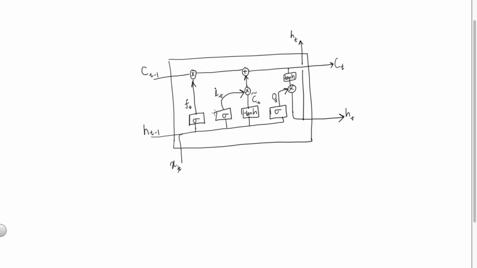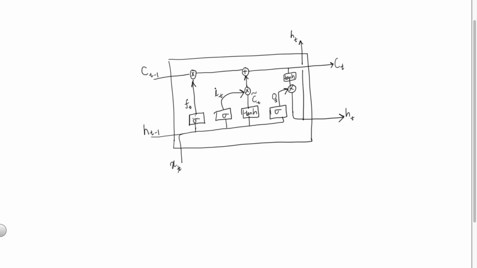The first step in an LSTM network is to decide what information we are going to throw away. When you want to modify some information, you also need to discard some information. This is done in the very first layer, the sigmoid layer, which is also known as the forget gate layer. The inputs to this layer are h t minus 1 and x t.